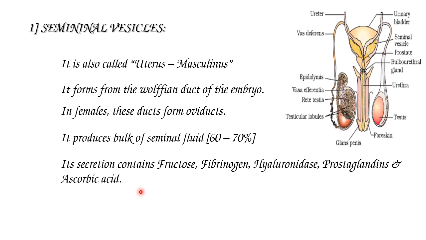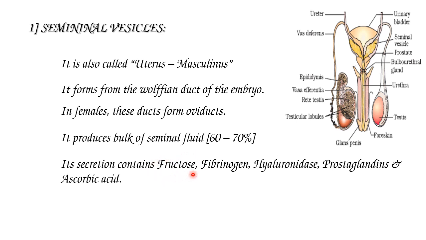Our body consists of different types of fluids like lymph, blood, seminal plasma, sweat, etc. Among all these fluids, seminal plasma contains fructose. So fructose is secreted by the accessory reproductive glands.